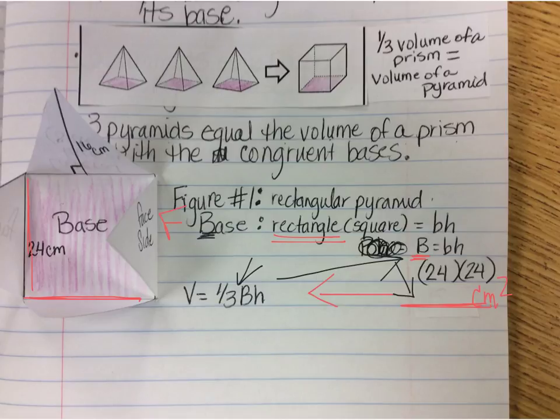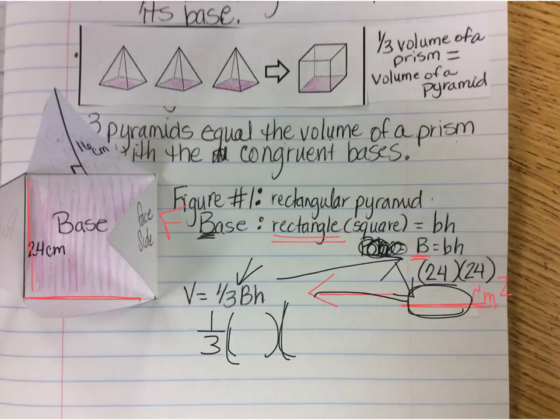Okay, so you should have 1/3 times whatever you got here. That goes for capital B, times the height of the pyramid.